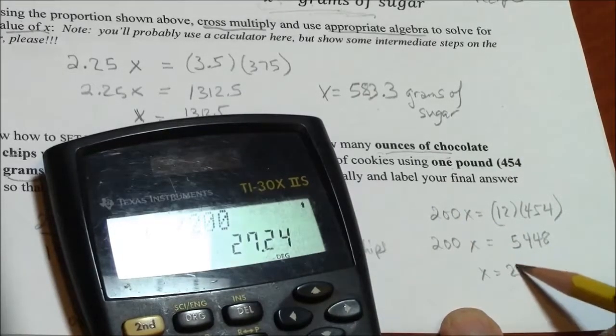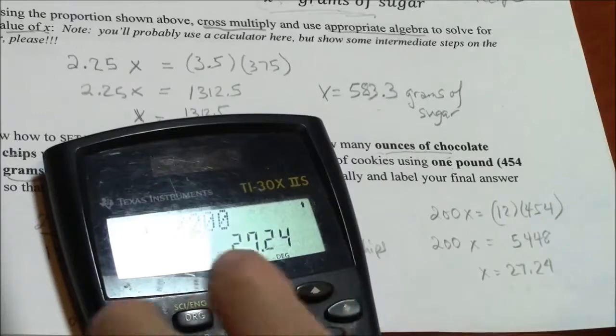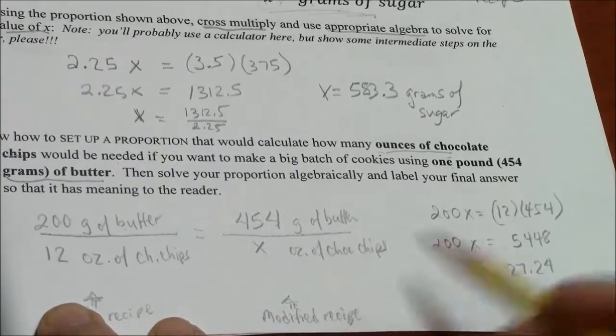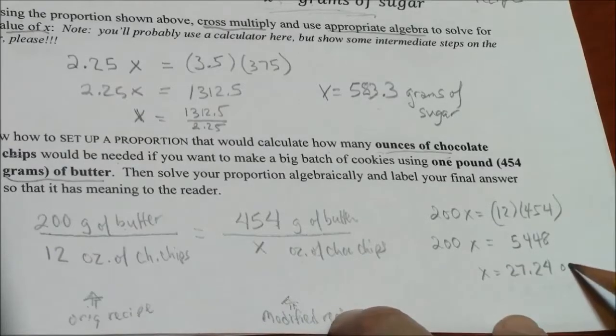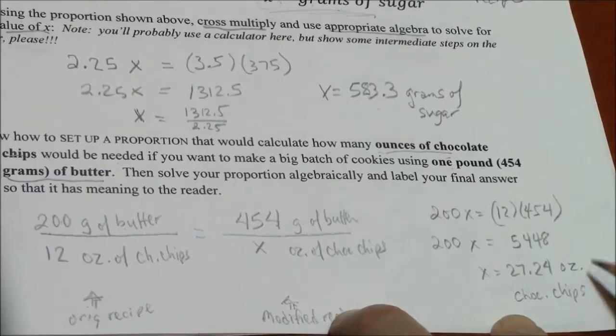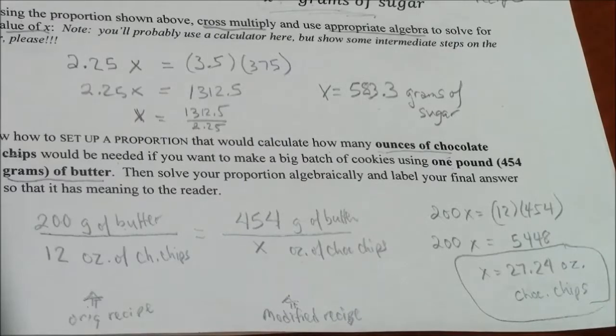X equals 27.24. The label on this number, I can go back to my proportion, and the label on this number is ounces of chocolate chips. Ounces of chocolate chips. That's the one I can put a circle around and say, this, I've answered the question.